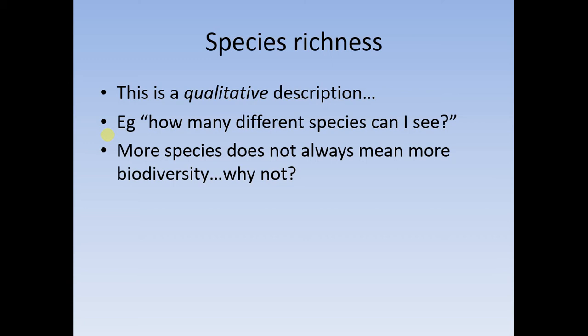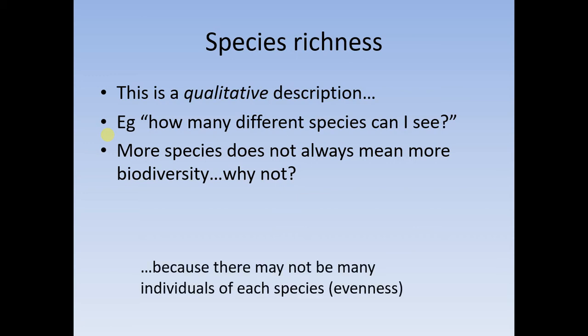But the problem with species richness is that more species does not always mean more biodiversity. Maybe take a second to think about why not. All right, because there may not be many individuals of each species. They might not be equally distributed.